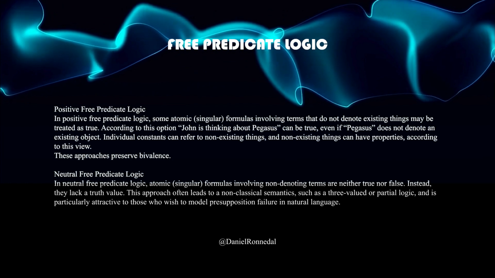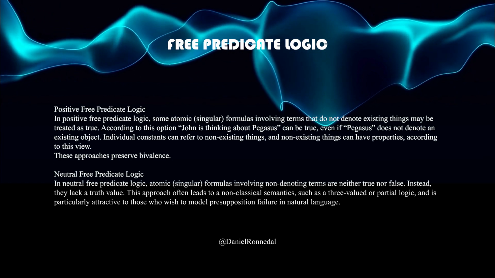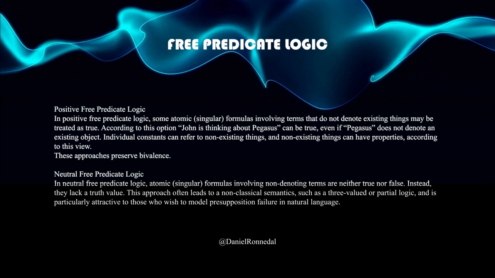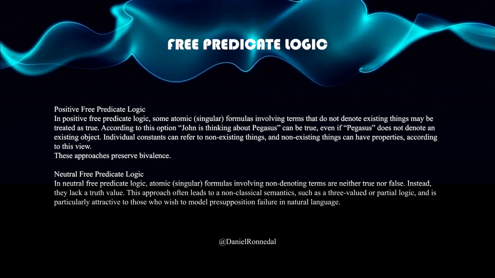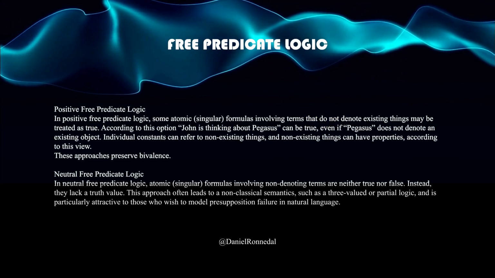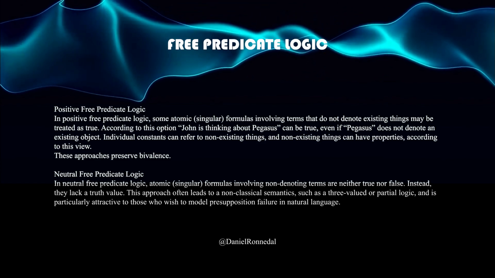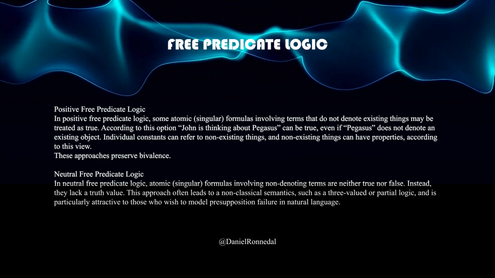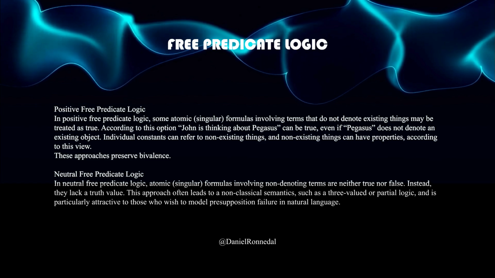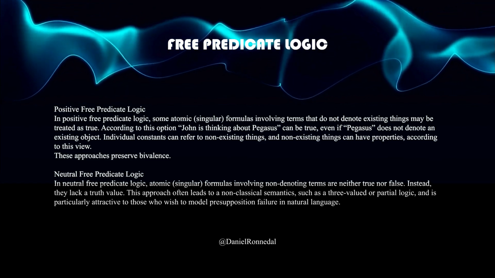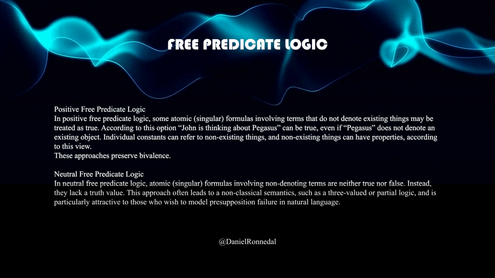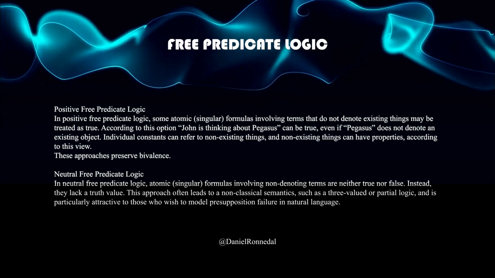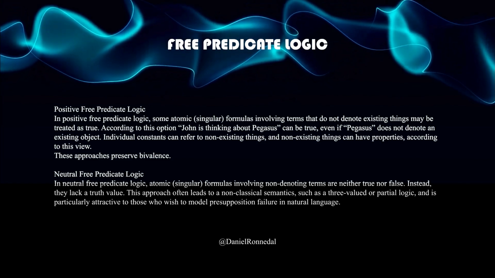In positive free predicate logic, some atomic formulas involving terms that do not denote existing things may be treated as true. According to this option, "John is thinking about Pegasus" can be true, even if Pegasus does not denote an existing object. Individual constants can refer to non-existing things, and non-existing things can have properties according to this view.